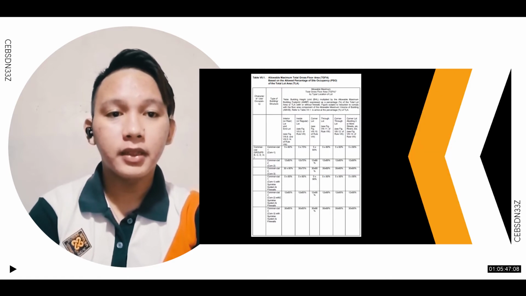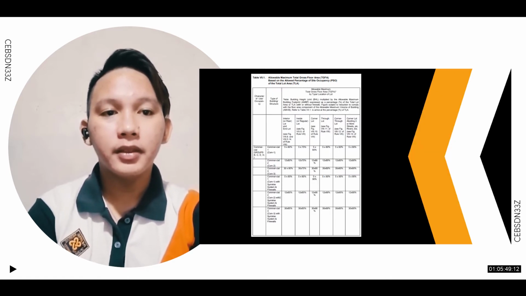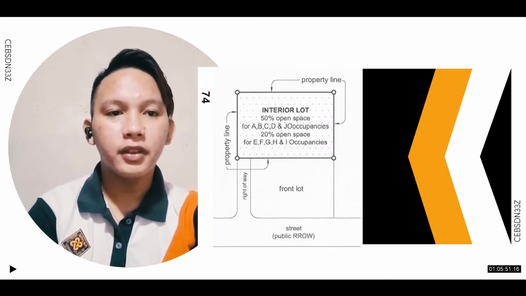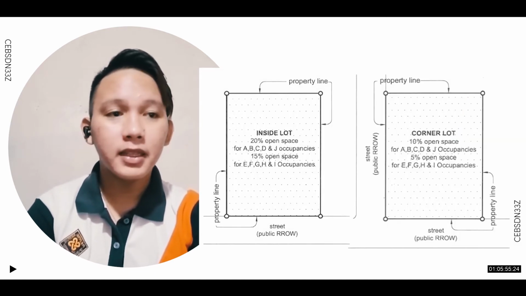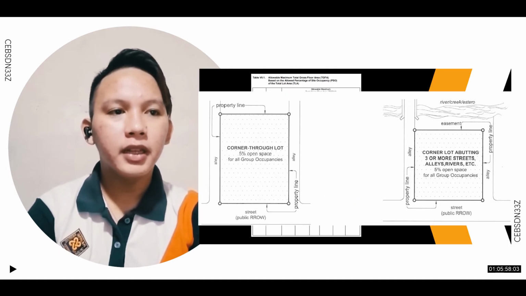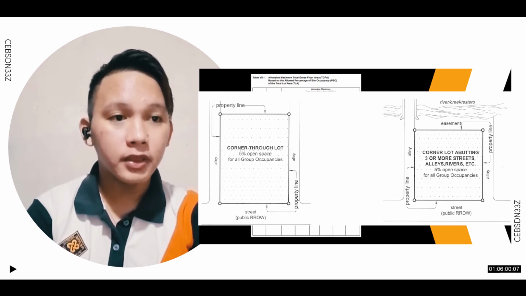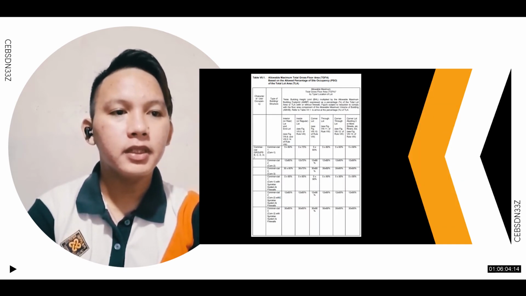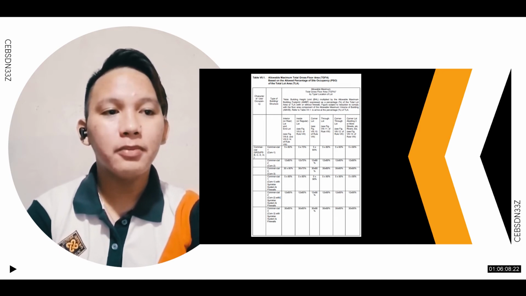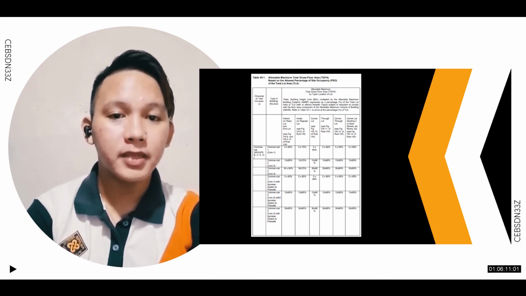Every type of building or structure, including commercial, has dimensions for interior lot, end lot, inside lot, corner lot, through lot, corner lot abutting three or more streets, etc. The reason we have this is to prevent overbuilding and to maximize natural light and ventilation in designated public and private open space.